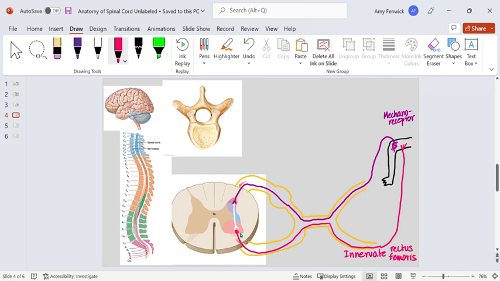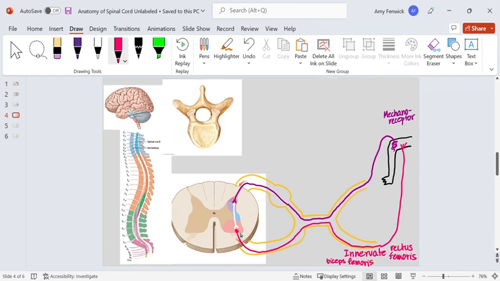At the same time, it also innervates the biceps femoris, and it makes the biceps not contract. So this neuron can carry both activating and inhibiting information.